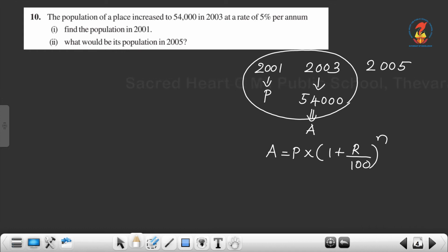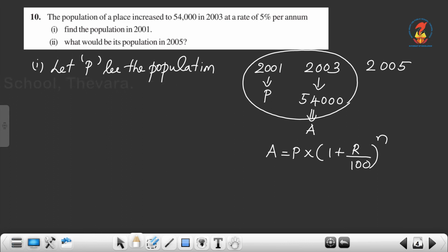So A stands for the population in 2003. So we can write, let P be the population in 2001.